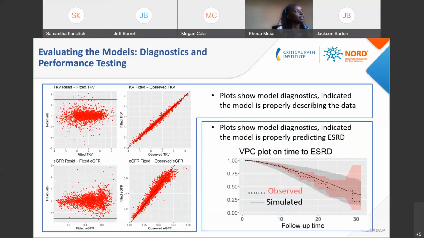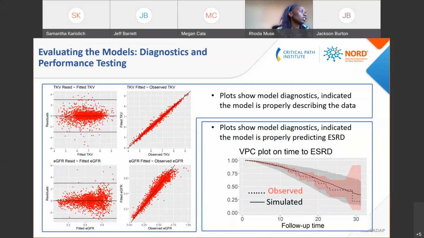So once we estimated the model, our next task was to evaluate the model, and we did this by the usual diagnostics and performance testing. On the left-hand side, we have the plots of our longitudinal markers. The diagnostics showed that the model performed well.